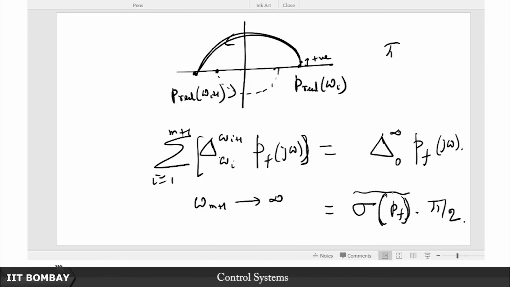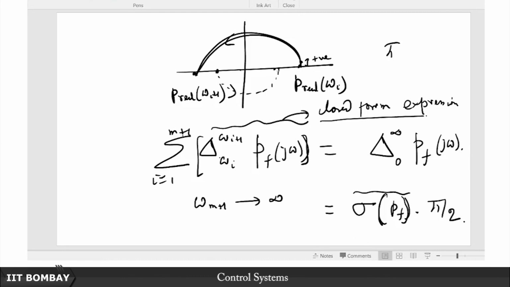But the question still remains, how do you sum this up? It turns out, and that detail is there, it's a nasty looking expression. I will not go through that because it's really not that important. But the point is that there is a very nice way of doing this, because this has a closed form expression given in that paper. I urge you to go through the paper, and I also insist that it is not very difficult to understand how this closed form expression is arrived at.